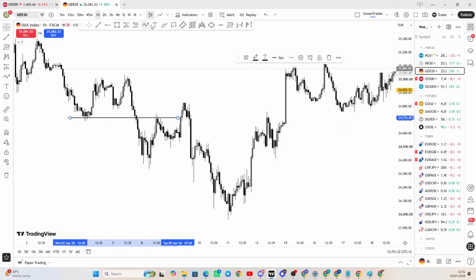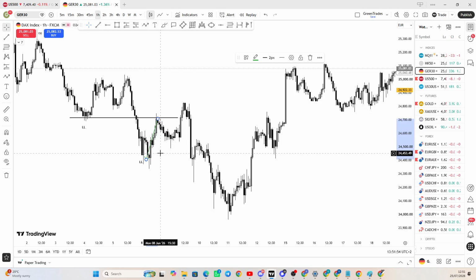This low that was formed here, which was a lower low, got broken, and when it got broken, a new lower low was formed here. And then from this lower low all the way to this point becomes the correction.